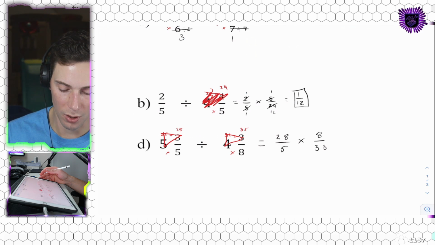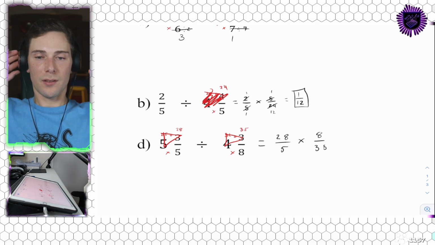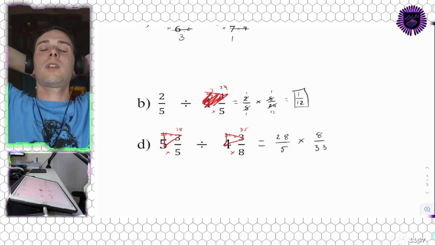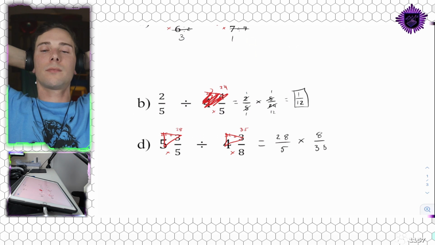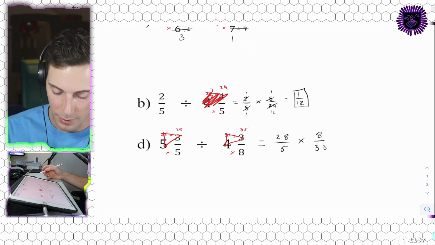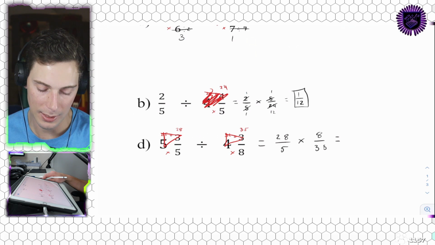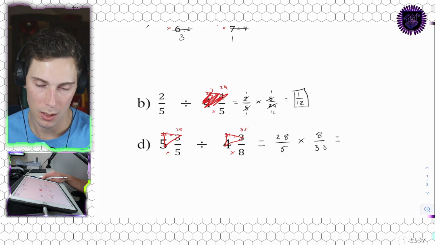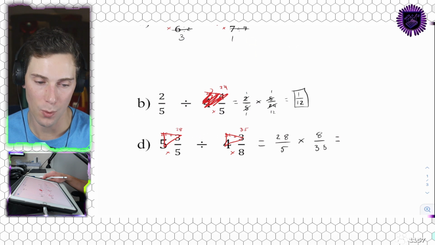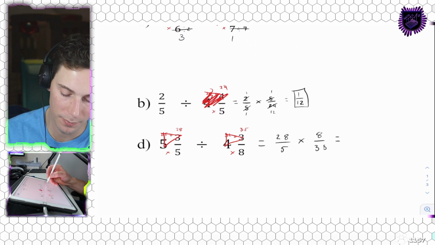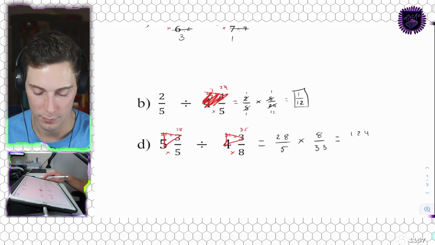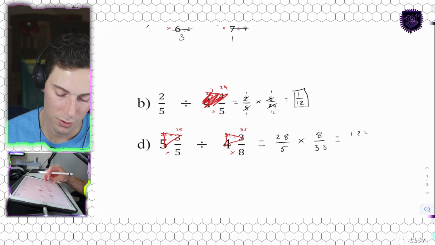Common factors? No? Okie doke. All right, well, let's do this. 2 times 8 is 16, so that's 160. 8 times 8 is 64. 160 plus 64, 224.